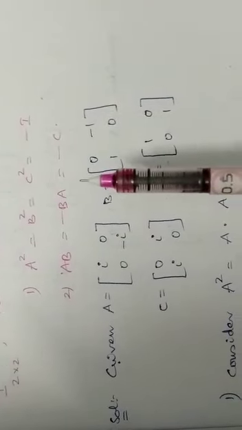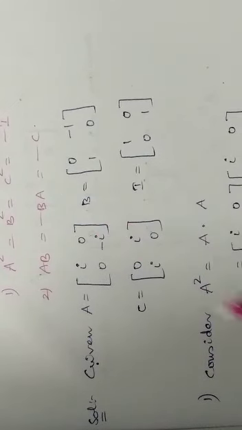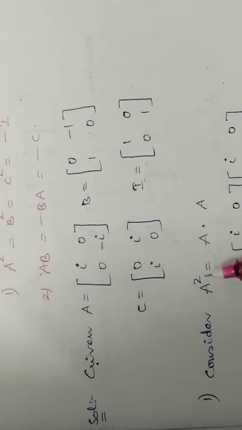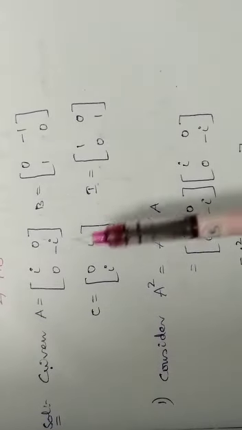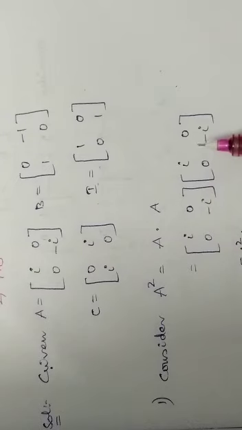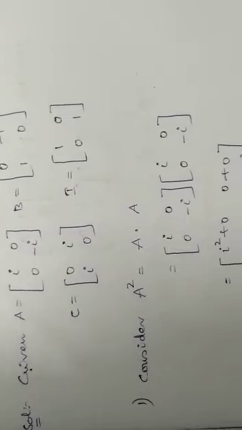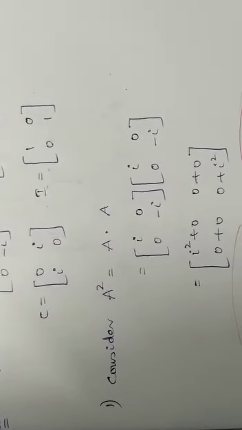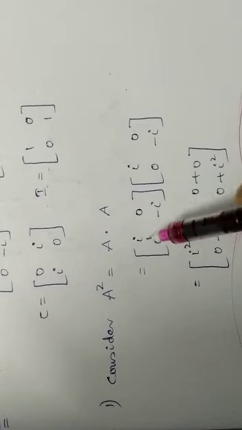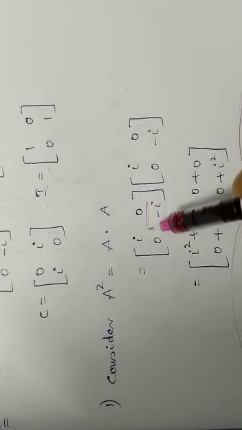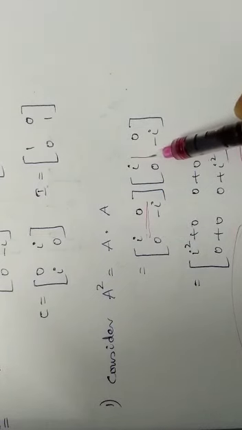So I am considering A square, the first part, A square, A into A. So matrix A into matrix A is written. We know how to multiply. Matrix multiplication is possible. This row is multiplied to this column.